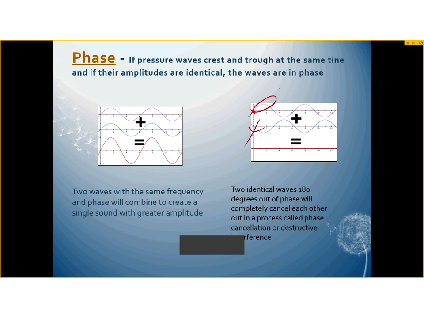Now, for phase, if you play or produce two sounds in phase, so they're starting at 0 degrees and moving in a positive manner, then the same frequency sounds will produce one tone with greater amplitude, and it's an additive type of process. That would be the same as a band, right?